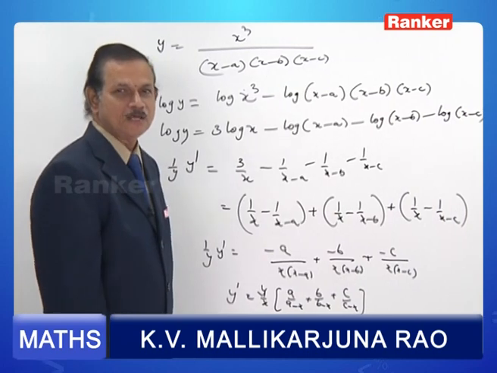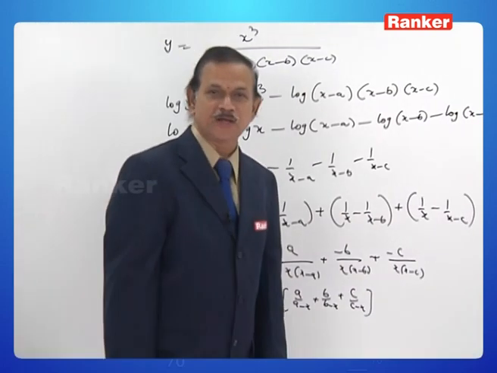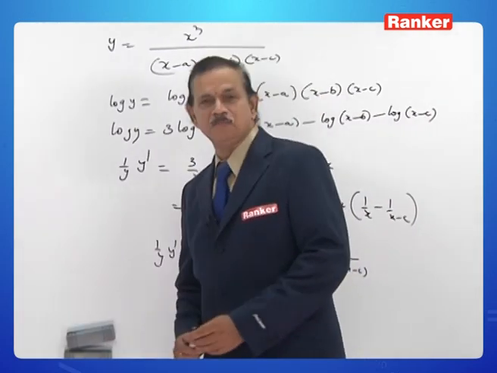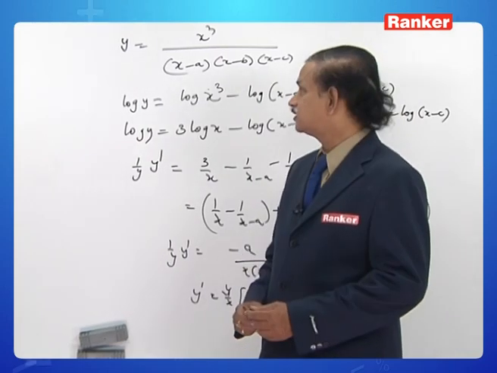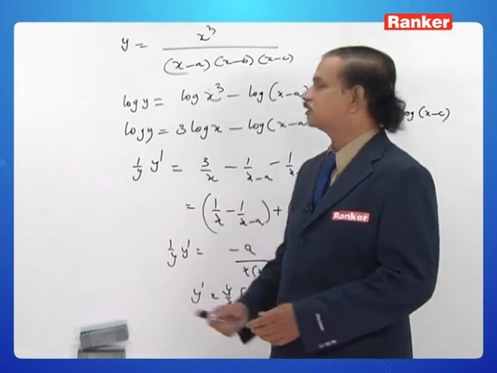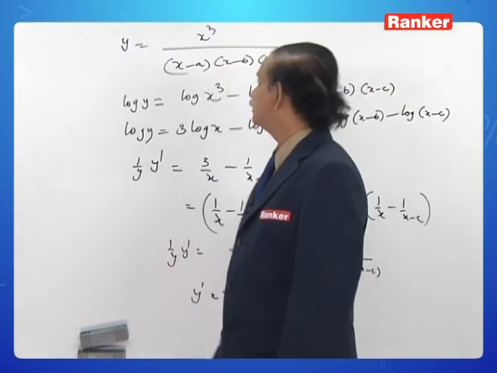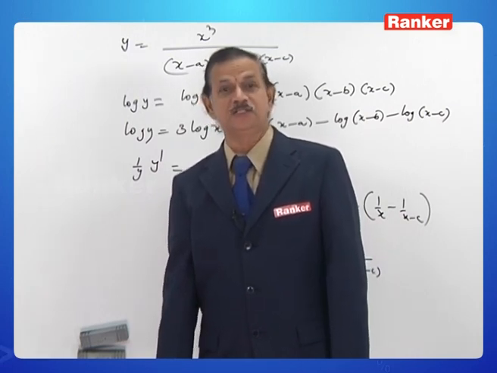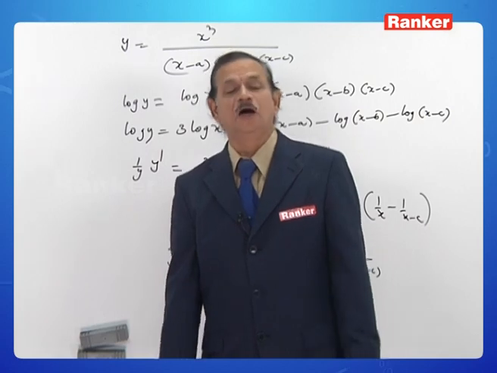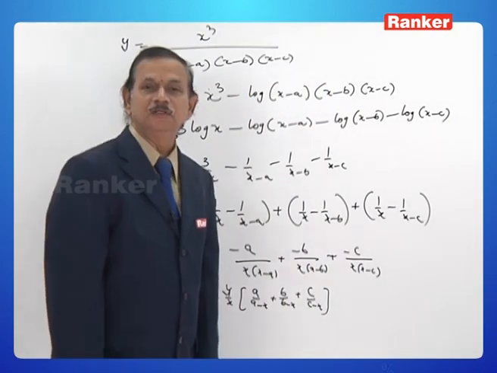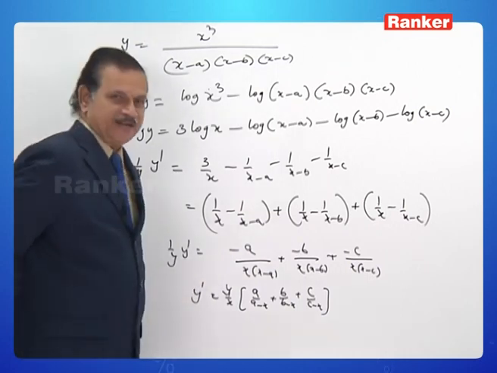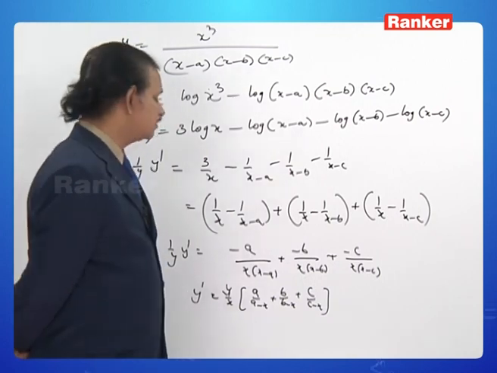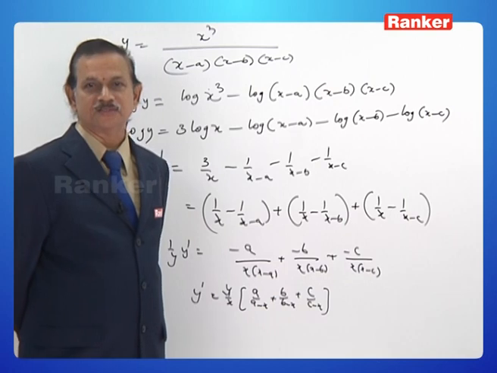First of all, it is famous. Therefore, if y is equal to ax square by x minus c into x minus b into x minus c plus bx by x minus b into x minus c plus c by x minus c plus 1, then the actual simplified form of that y is of course x cubed by x minus a into x minus b into x minus c, and by differentiating it after taking logarithms, that is by using the procedure of logarithmic differentiation, we could have arrived at the answer y dash, that is dy by dx is equal to y by x into a by a minus x plus b by b minus x plus c by c minus x is the right answer.